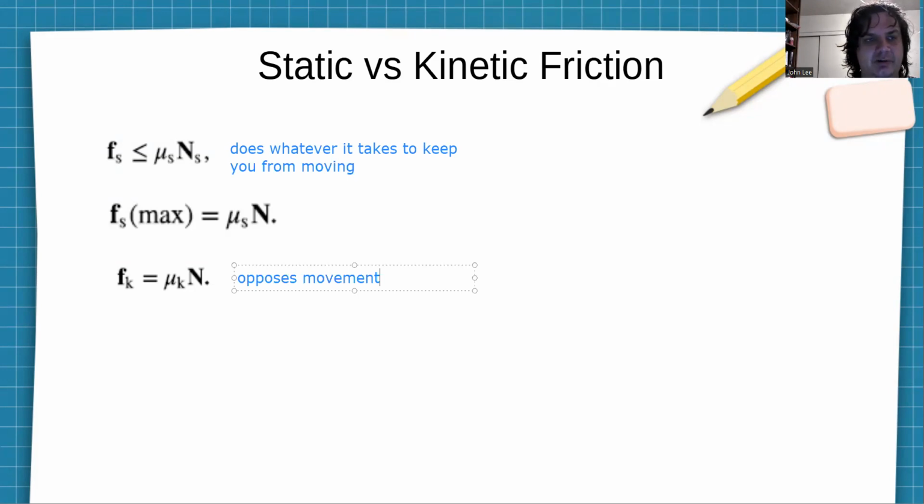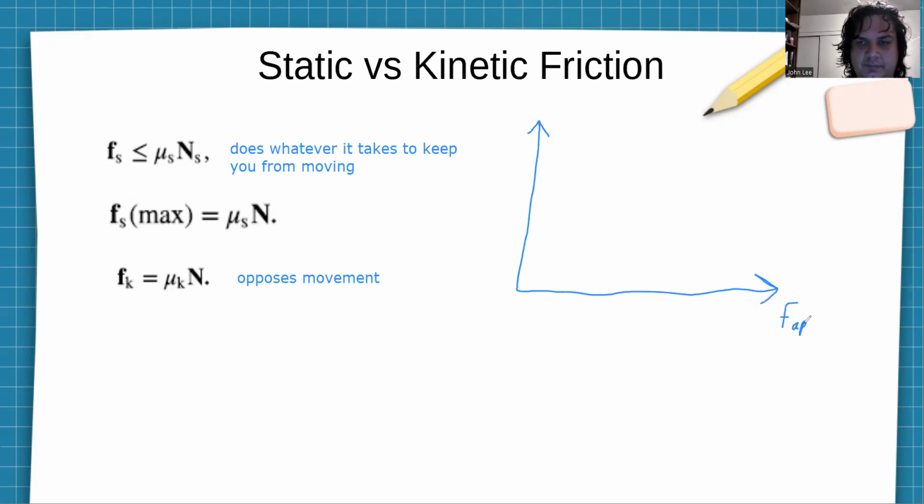So if we want to do a graph of force applied versus force of friction, then what we see is that for static friction, up until you get to a certain point, which is Fs max, static friction is always just going to apply just enough force in the opposite direction to cancel out whatever force you're applying.